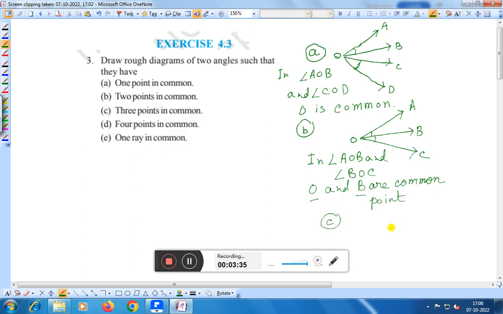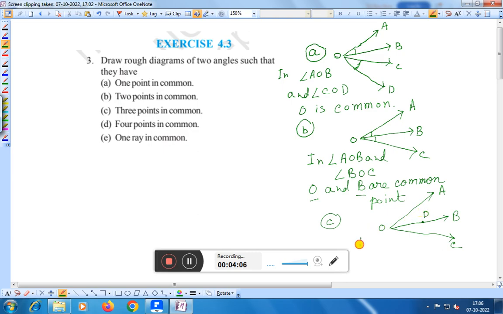We'll give the example of the same diagram, that is this one, and another is this one. Therefore it is A, it is O, it is B point and C point. We are getting 2 points common, O and B. We take another point here, that is D point.